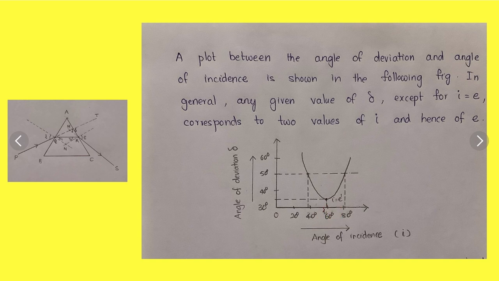That angle of deviation where you have only one angle of incidence for one angle of deviation, we call the angle of minimum deviation, and we represent it with dm. dm stands for the angle of minimum deviation.